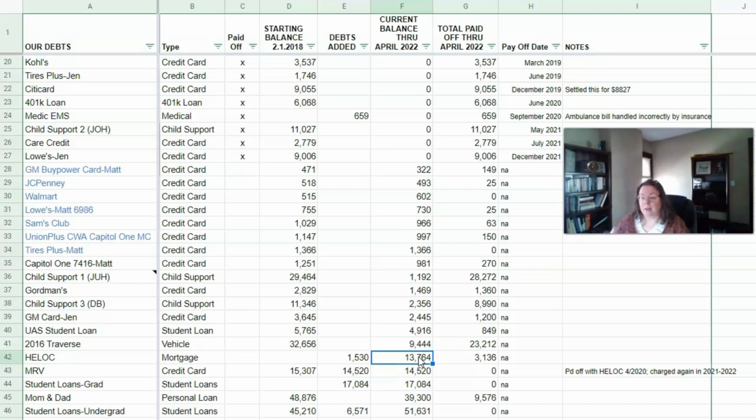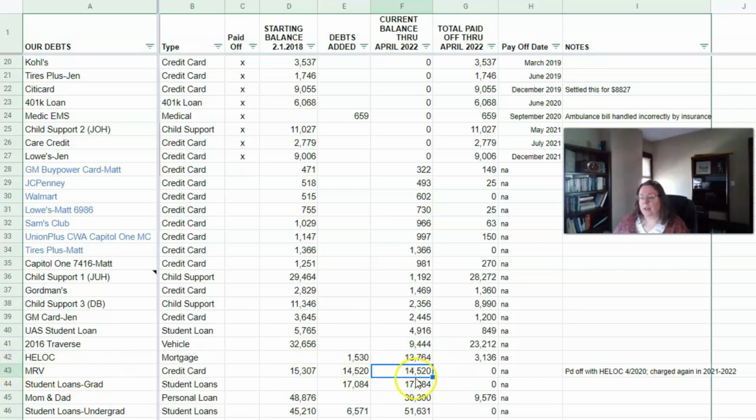The mistake that we made, and this is something I'm struggling with recently, is that it's the same card that I have just jacked up again with my spending spiral. The balance on that today is $13,764. If we only make minimum payments, it'll be more than 5 years before we pay that off.